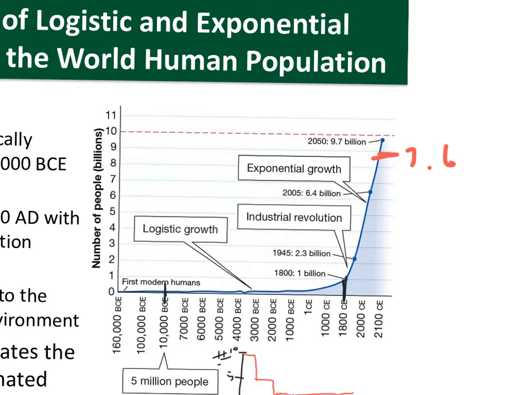And because of better sanitation and things like that, the death rate has slowed down. There's still much higher infant mortality than there is here, but still not as much as there used to be. Okay, so that's one of the things that's causing the population to grow. Plus being able to grow more food.